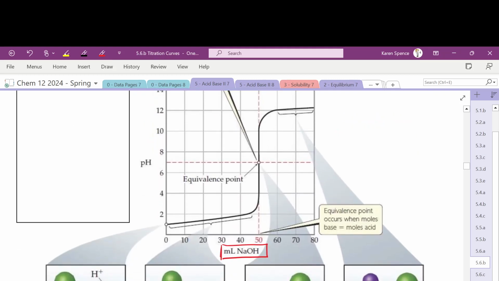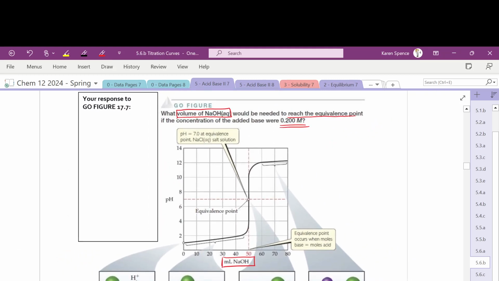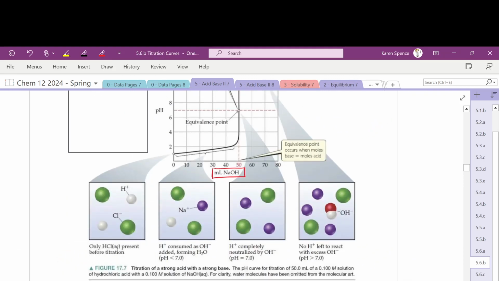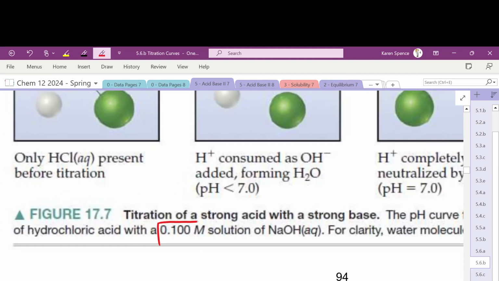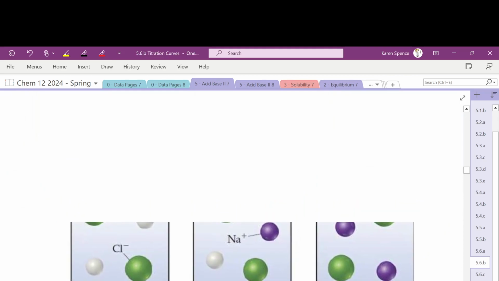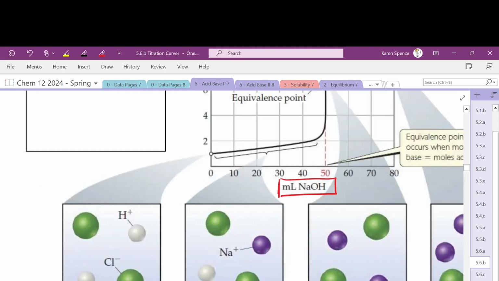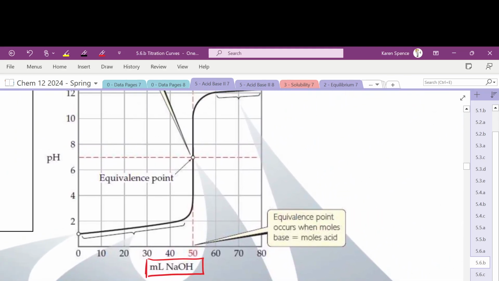Now, in this particular picture, it tells us that the concentration right now is 0.1 molar. You can ignore the little diagrams down below. We'll talk more about those later. But this NaOH right here is 0.100 molar.